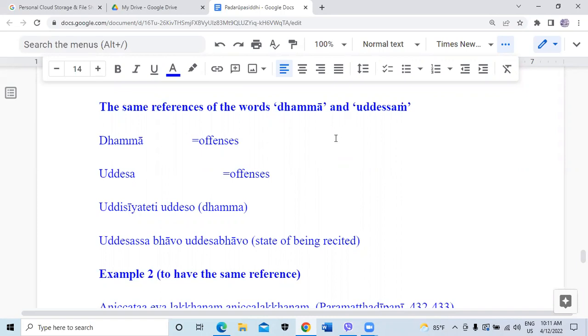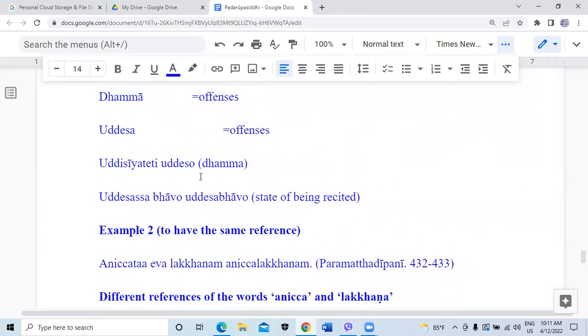Because of that, uddesa is considered Bhavalopa. Dhamma offenses, uddesa offenses. Uddisiyantiti uddesa refers to Sanghadisesa dhamma. Uddisiyantiti should be plural.